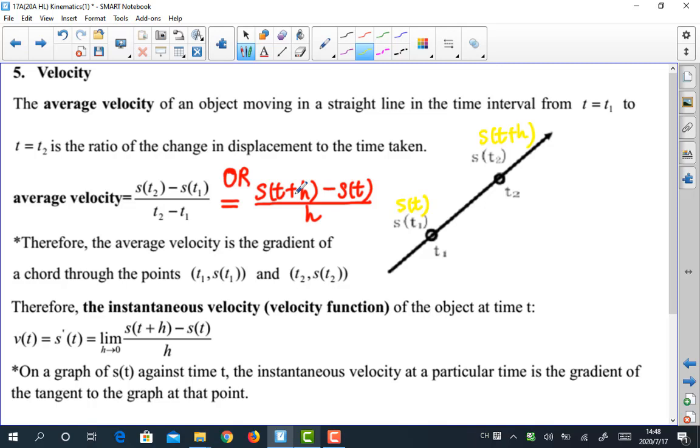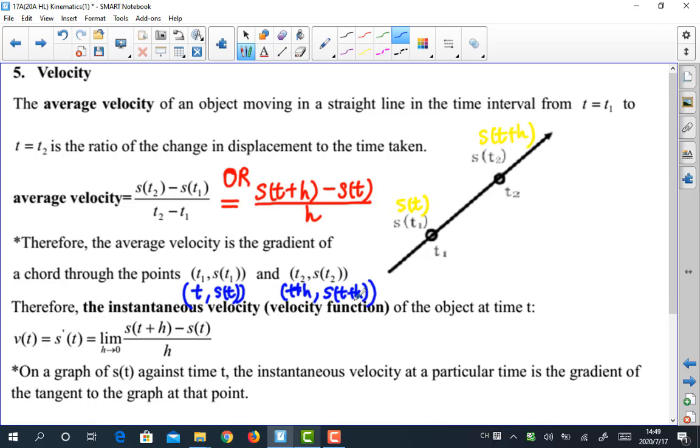The average velocity is the gradient or the slope of this straight line. Therefore, the average velocity is the gradient of a chord through 2 points. So t1 as t1, t2 as t2. You also can say t was s of t, t plus h was s of t plus h.